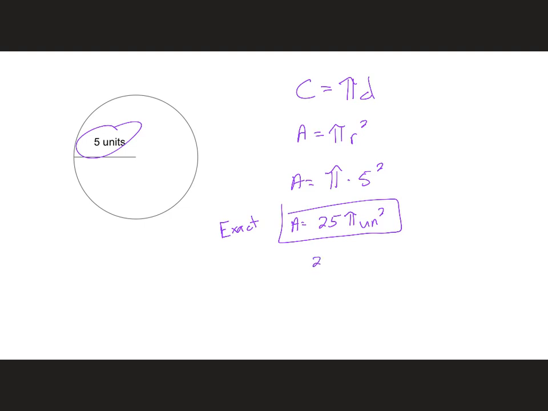Now I'm going to type in my calculator 25 times 3.14, and that will give me my answer, 78.5 units squared. So that's the approximation, and our exact has the pi symbol in there.